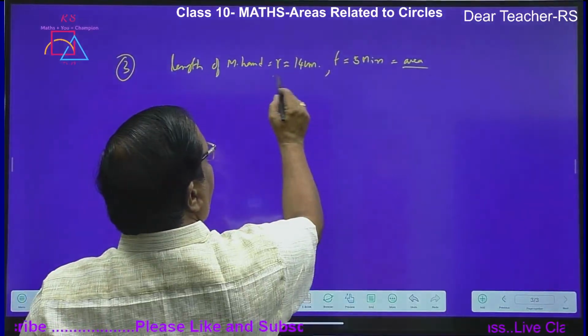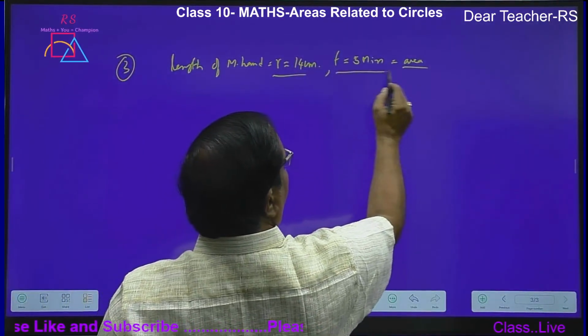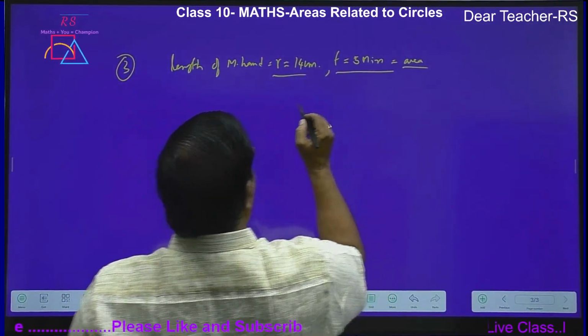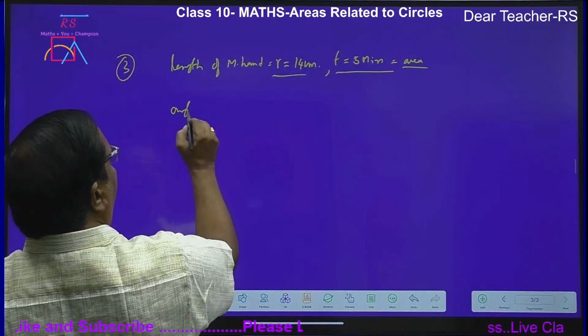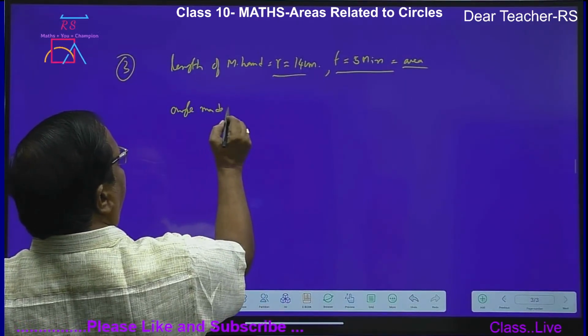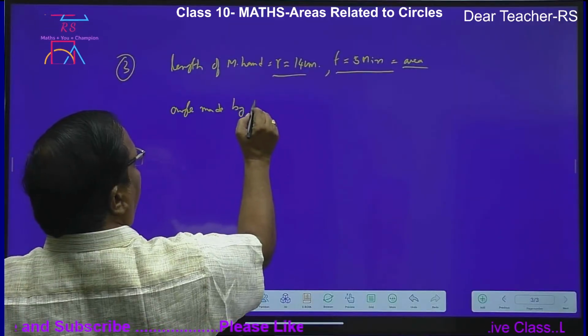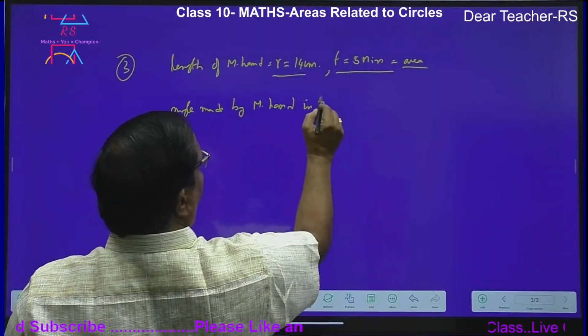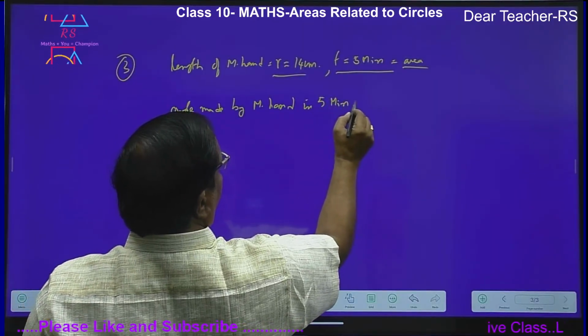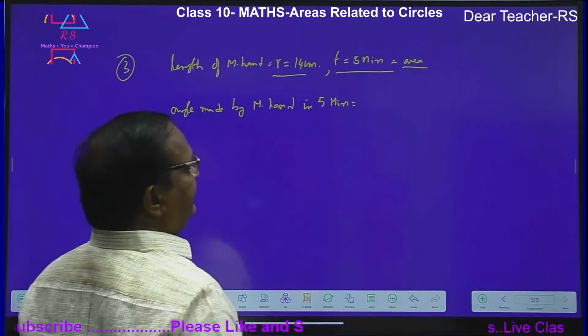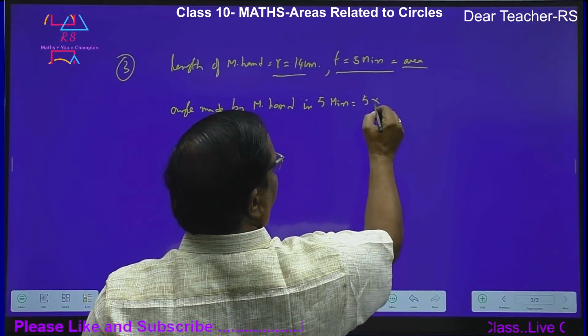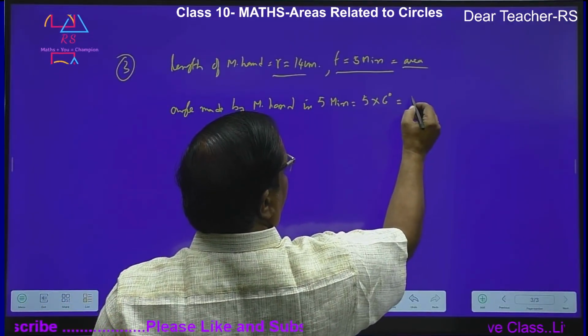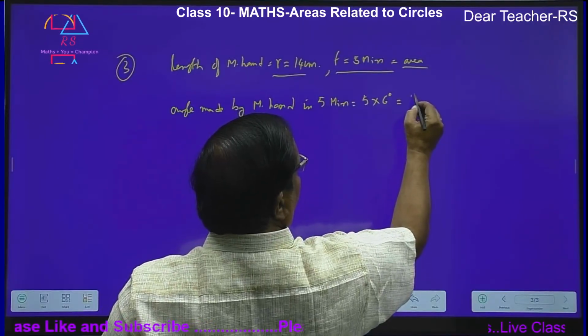So we have the radius and we have to get the angle for 5 minutes. The angle made by the minute hand in 5 minutes is equal to 6 degrees per minute, so 5 into 6 degrees is equal to 30 degrees.